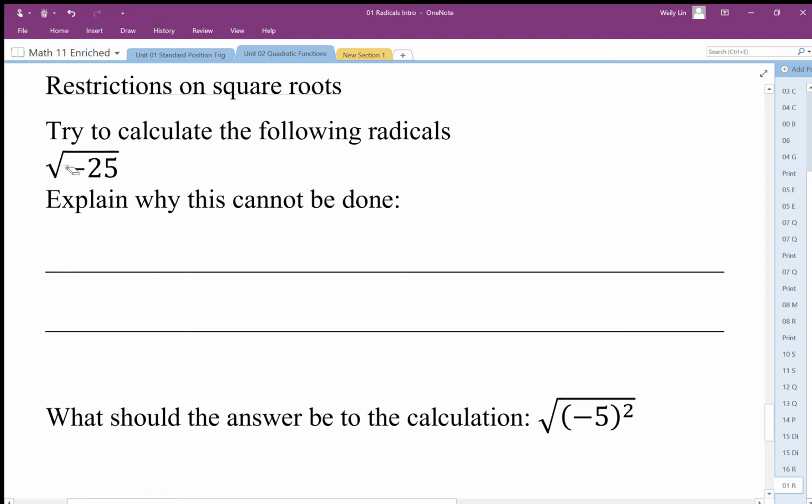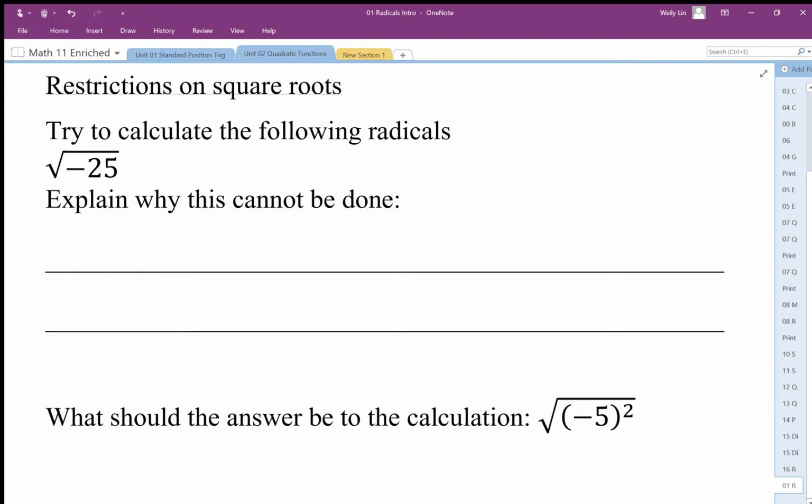The other part is that when we think of what gives us a negative number, we need a negative times a positive to give us negative 25. So we're trying to find a number that multiplies by itself to give us a negative. When we talk about the real number system, this can't be done.